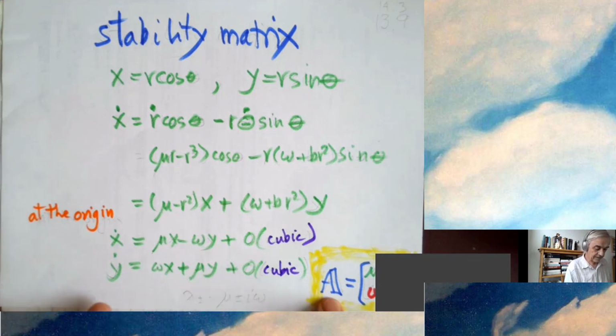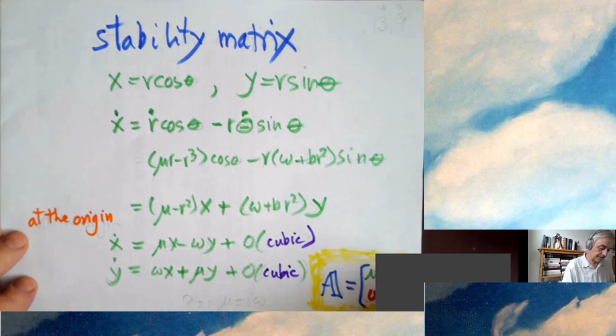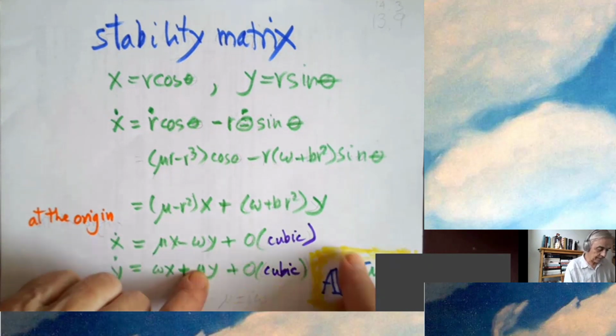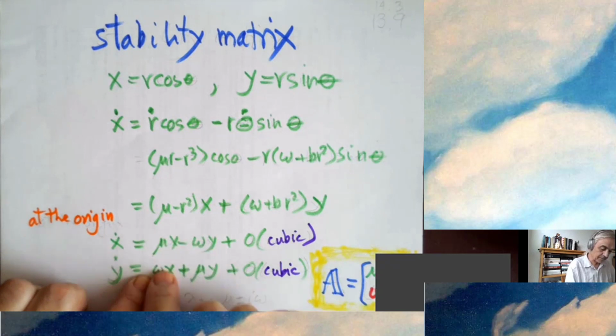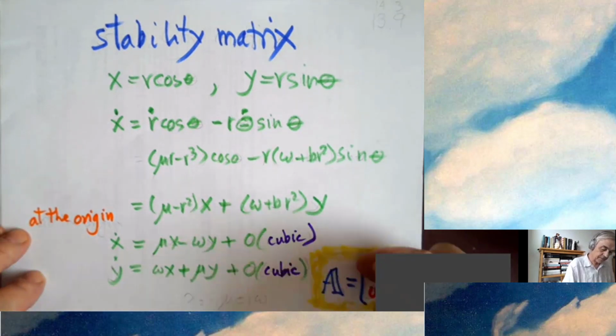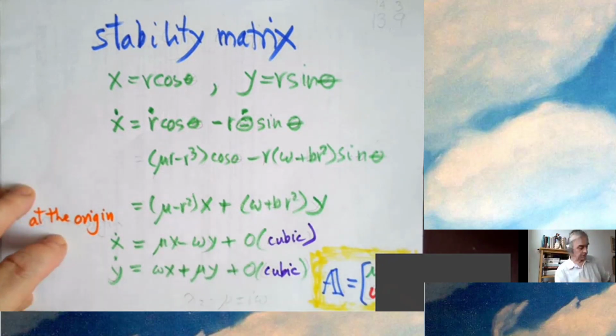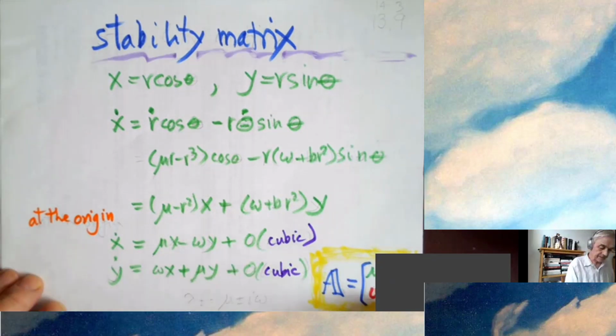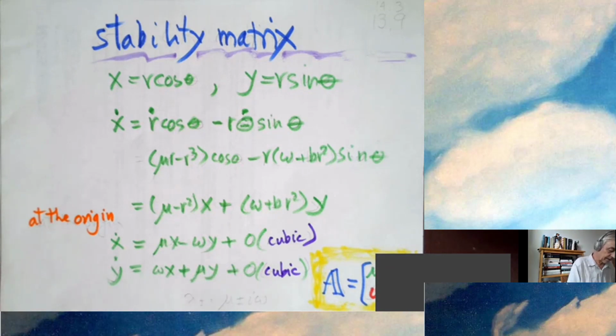And now this matrix of velocity gradients picks up mu on the diagonal and gets minus omega, omega on the off-diagonals. And this is proportional to unity, and this will turn out to be proportional to general rotations if you think that way, but if you don't, don't worry. You can immediately read off in this simple matrix the trace and determinant and compute the eigenvalues from the usual quadratic formulas.